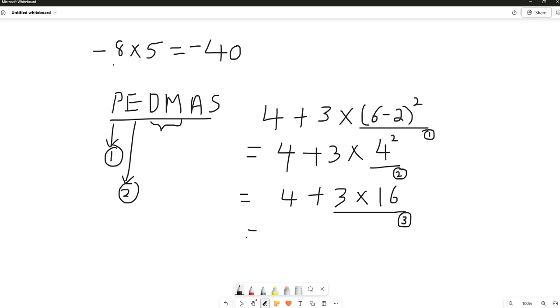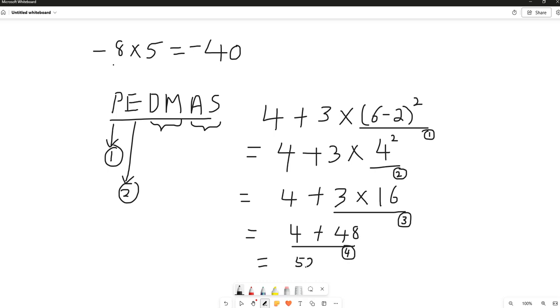That will be 16 times 3, that will be 48, so we'll just do that as well, okay. 4 plus 48, and last but not least, settle your additions and subtractions. That will settle this to be 52, okay.